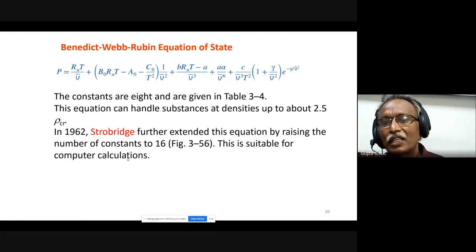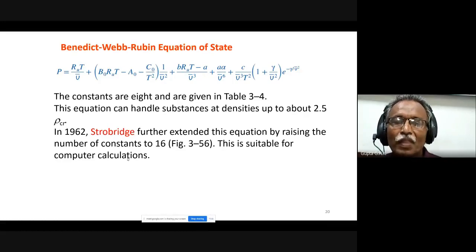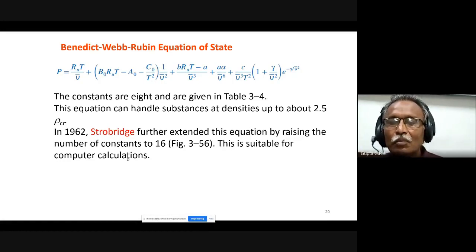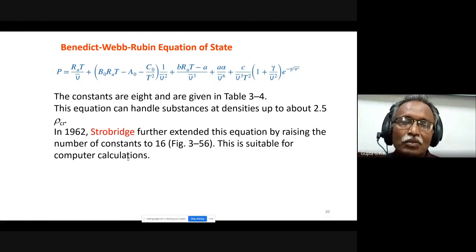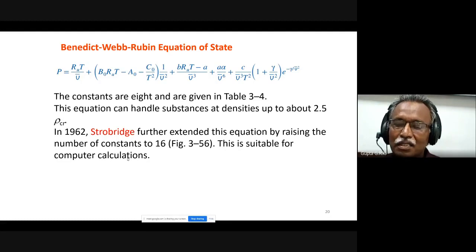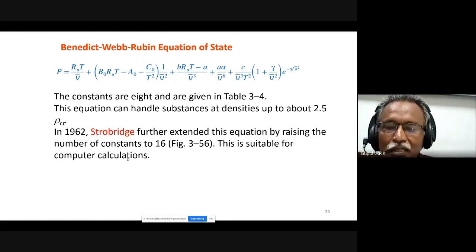The more complex the equation, the larger the range of application. In 1962, Strobridge further extended the Benedict-Webb-Rubin equation by raising the number of constants to 16. This is suitable for computer calculations. Normally, it cannot be used for hand calculations. The other equations can be used for hand calculations.